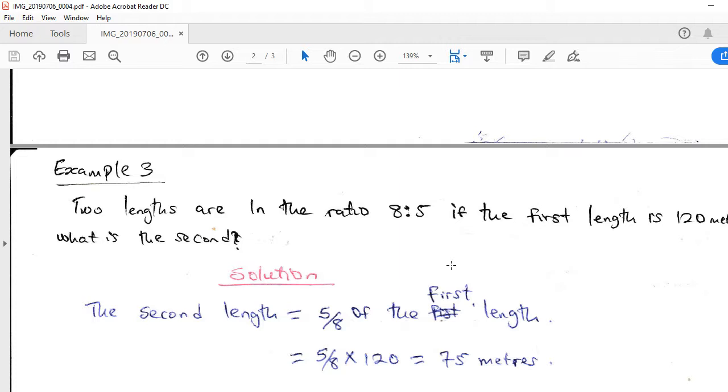What we are looking for is the second length, because we already know the value of the first length, which is 120 meters. So what you basically do is you say 5, which is the second, over the first, which is 8. So 5/8 multiplied by the first length, 120, which gives 75 meters.